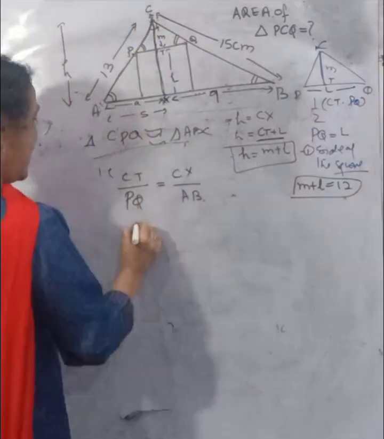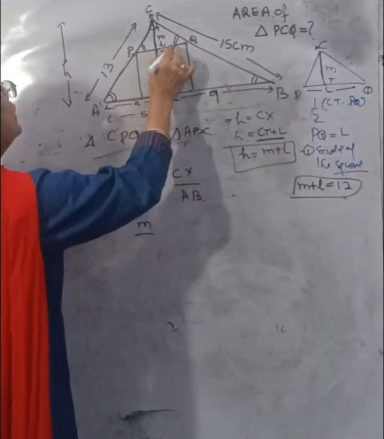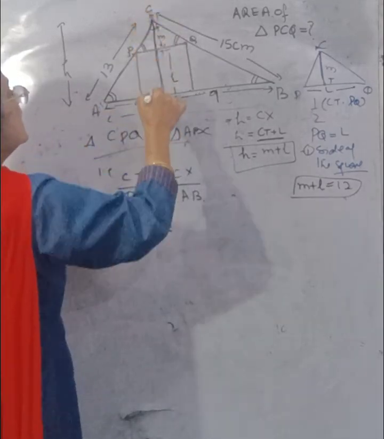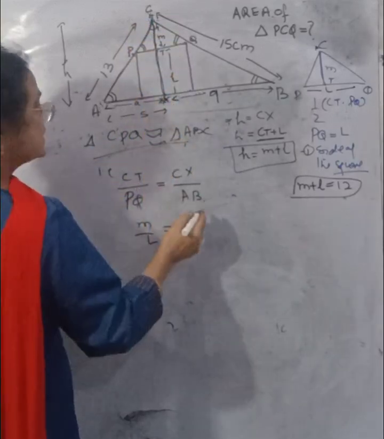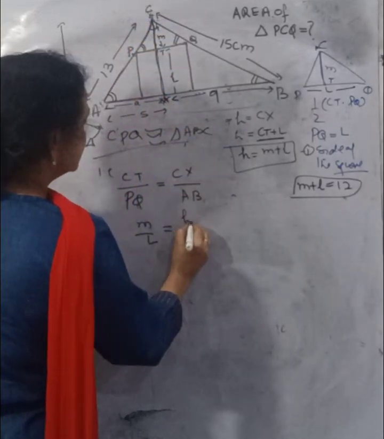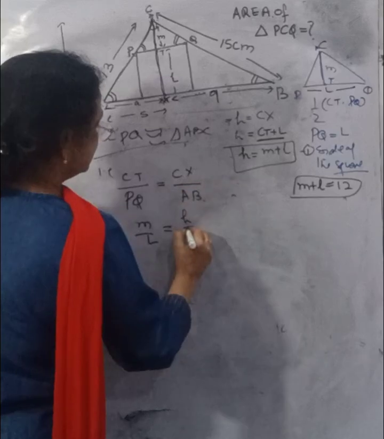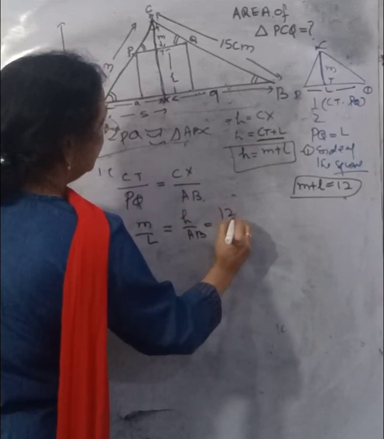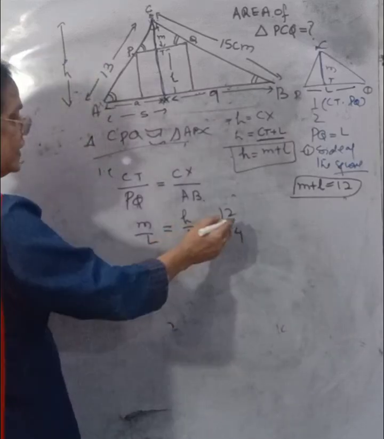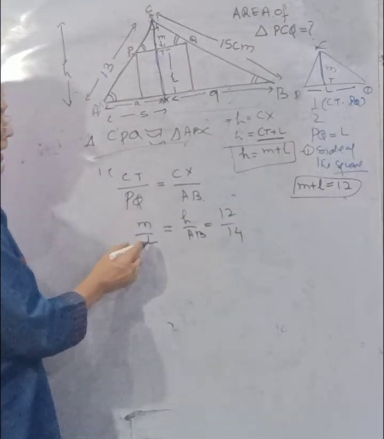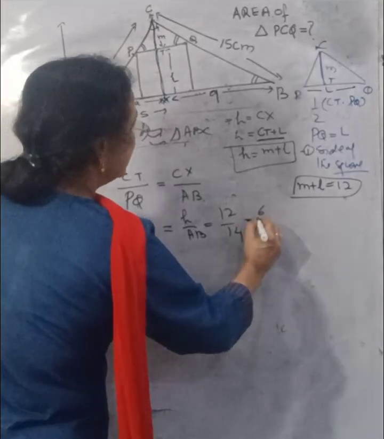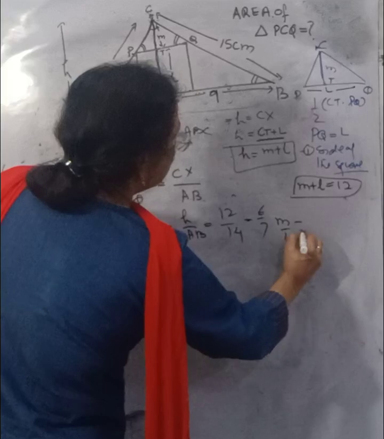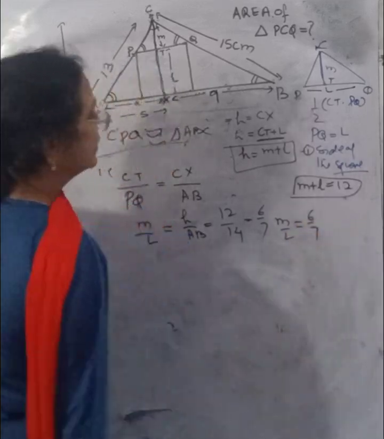CT is equal to M, PQ is equal to L, CX is equal to H, that is 12, and AB is equal to 14. So 12 upon 14. Now this is another relation between M upon L, equal to 6 by 7. It means M upon L is equal to 6 by 7.